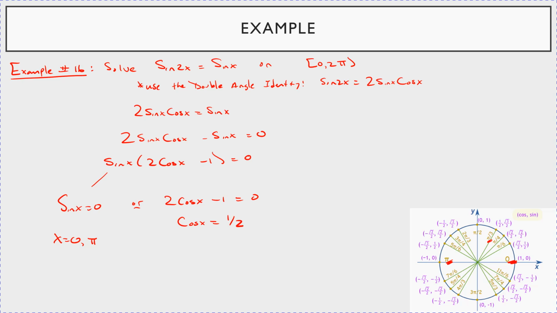That would be pi over 3 and 5 pi over 3. Putting these in order, x can be equal to 0, pi over 3, pi, and then 5 pi over 3.